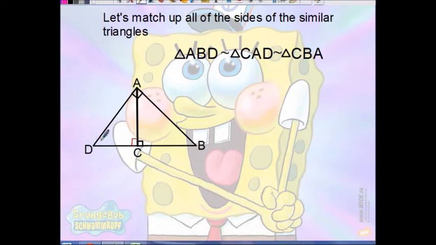I'm going to put my single marking here, my double marking here, and we knew because of corresponding angles that left me with a single marking here at angle CAB and a double marking here at CAD. So now, the next thing you want to do is match up those sides. So we have side AB would match up with side CA.